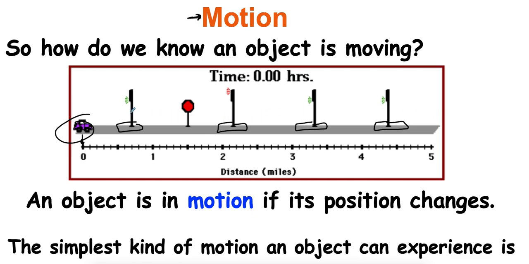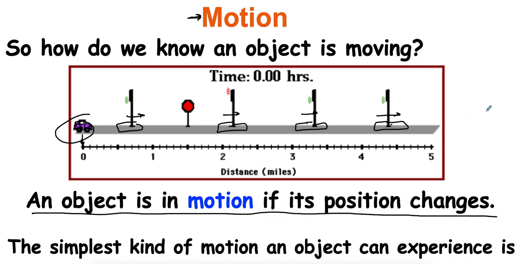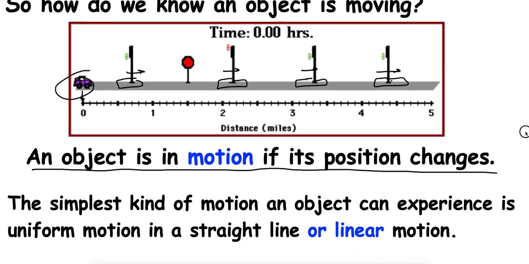Different pictures in time where the car was at these different points. Since we have a diagram here, we can say that car is moving because it's at different positions at different times. So the idea here is an object is in motion if its position changes. You have to have some kind of a diagram to show that the position is changing with the object.